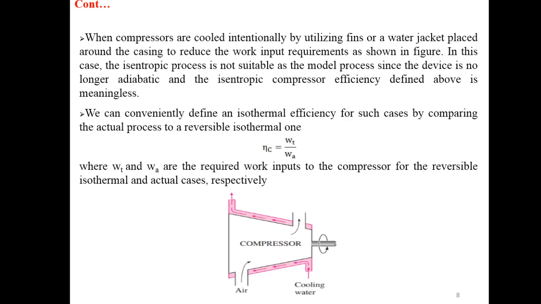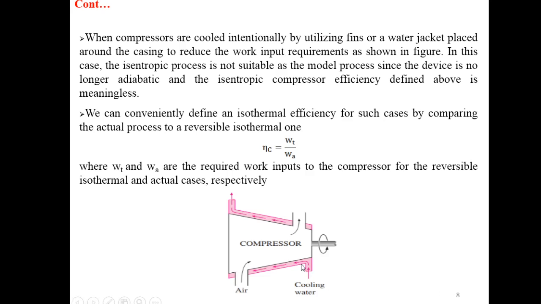When compressors are cooled intensely by utilizing fins or a water jacket placed around the casing to reduce the work input requirement, as shown in the figure, the isentropic process is not suitable as the model process, since the device is no longer adiabatic and the isentropic compressor efficiency defined above is meaningless.